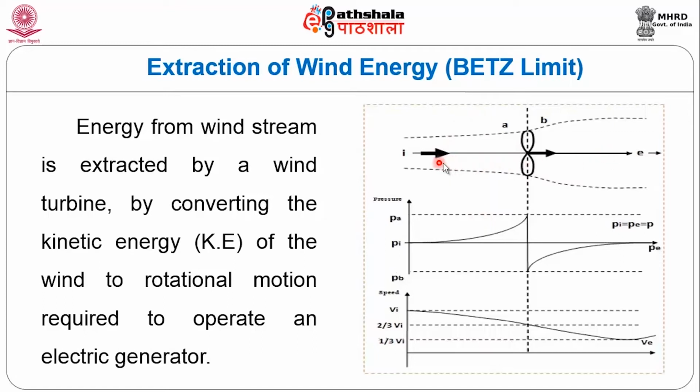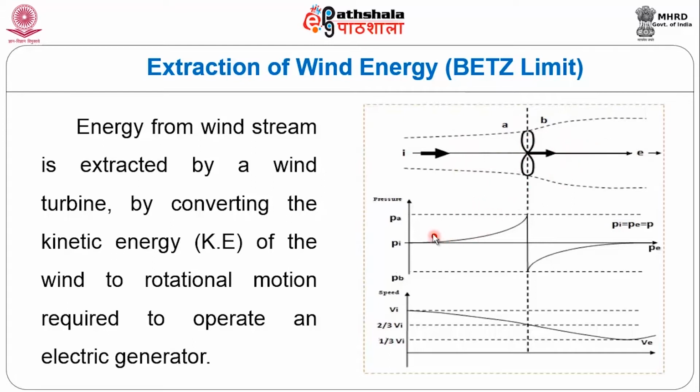Upstream portion I-A and downstream portion B-E. The small i represents the inlet wind velocity, and e represents its exit wind velocity. And A is just before the turbine, and B just after the turbine. And these are the two segments, upstream and downstream.